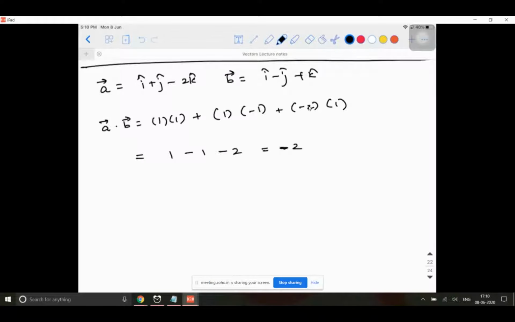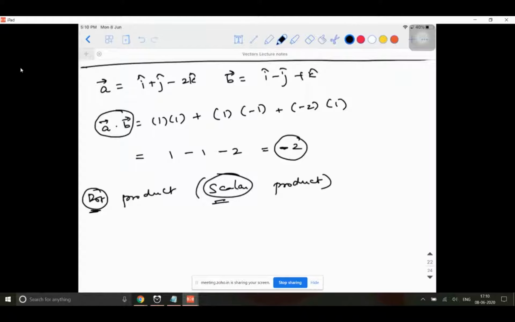It is because of the output, nothing else. When I say scalar product, it is not like you're multiplying scalars. When you do the dot product between vectors, the output will come out as a scalar. That is why it is also called scalar product. So by now you would have understood what you're supposed to do. You just need to multiply the coefficients of i cap, j cap and k cap and add them together.